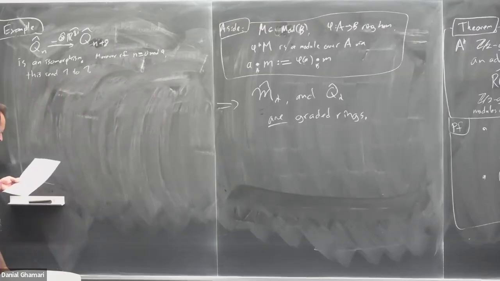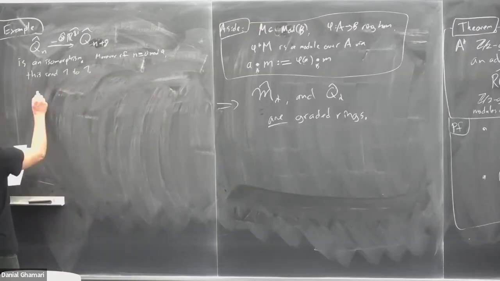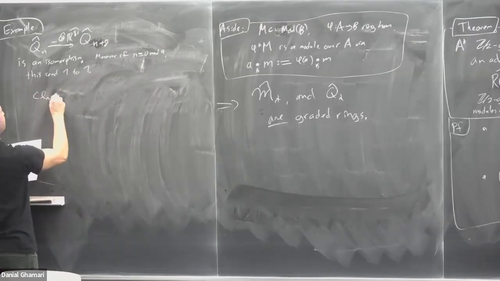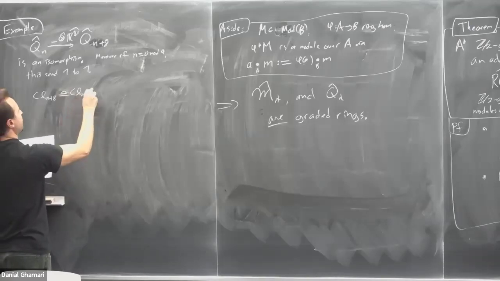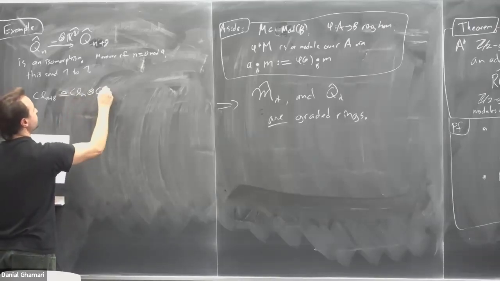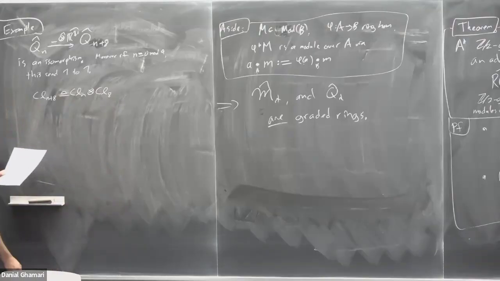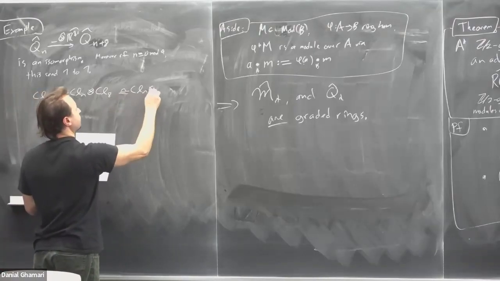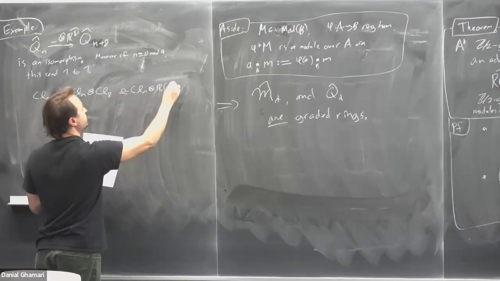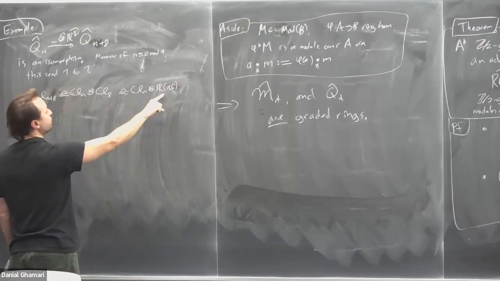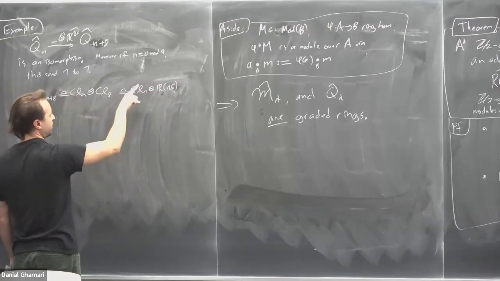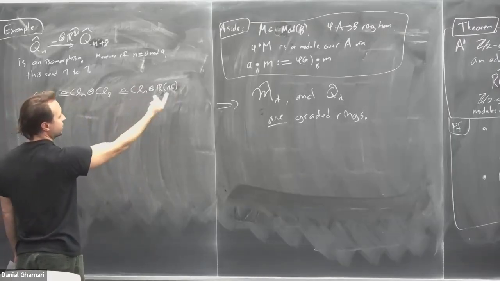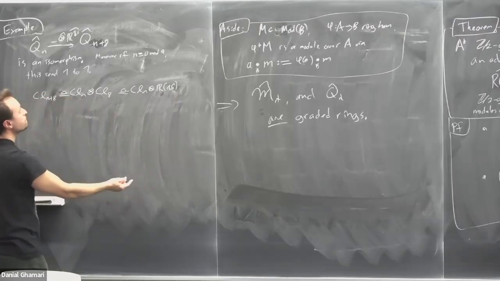I'm suppressing a lot here because what you're ultimately doing is taking your CL_(n+8) and splitting it up as CL_n ungraded tensor with CL_8. Because this is a simple algebra, any irreducible module over it, if you tensor it with this, is going to be an irreducible module as well.